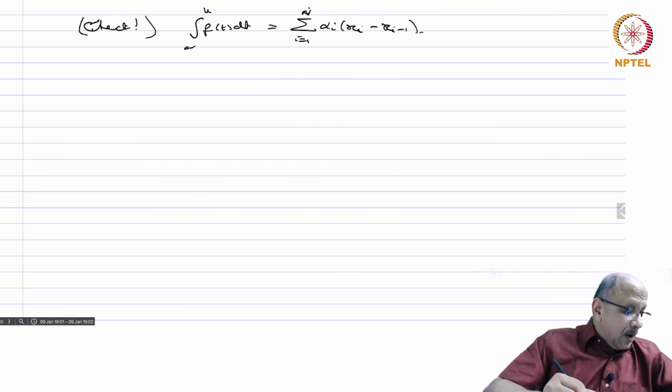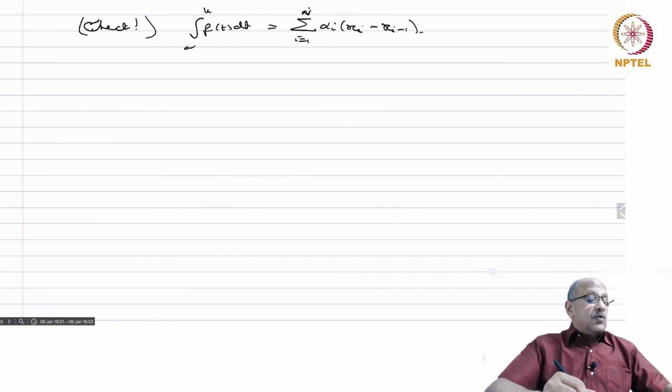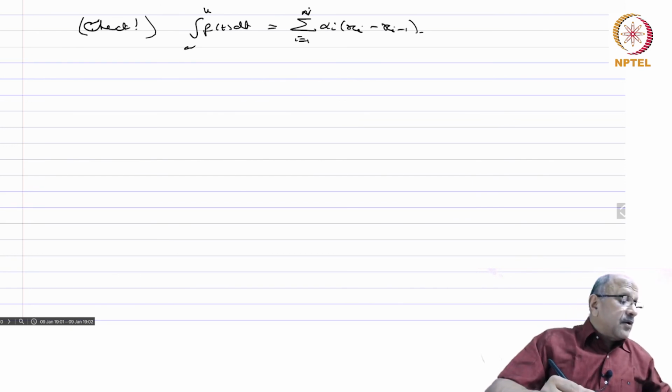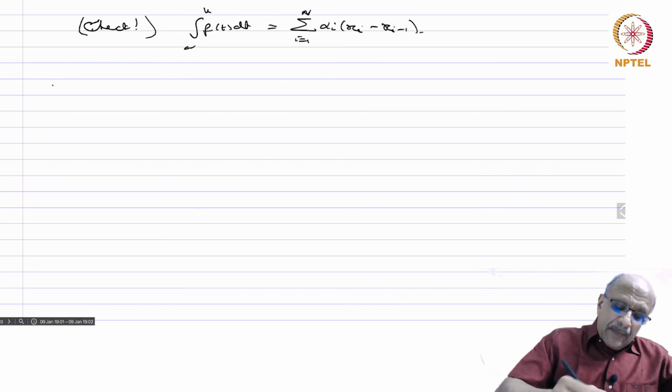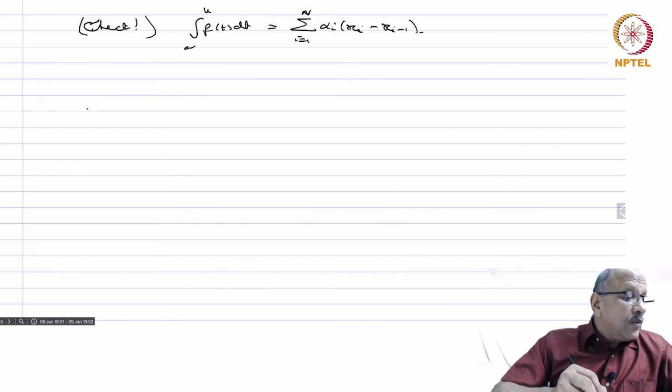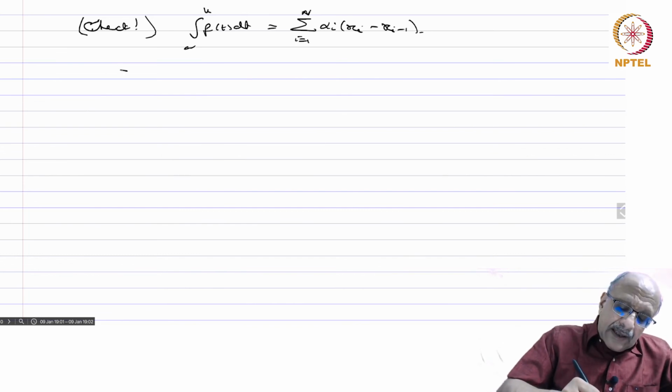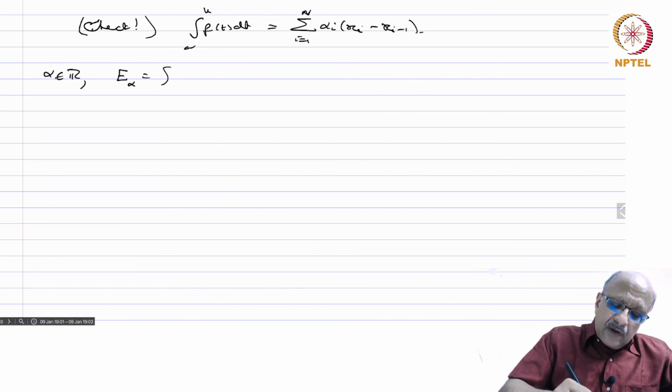It's a good exercise to do these things because now, by Lebesgue's method, what we are going to do is look at E_alpha. For every alpha in R, we take E_alpha to be the set of all x such that f(x) equals alpha.